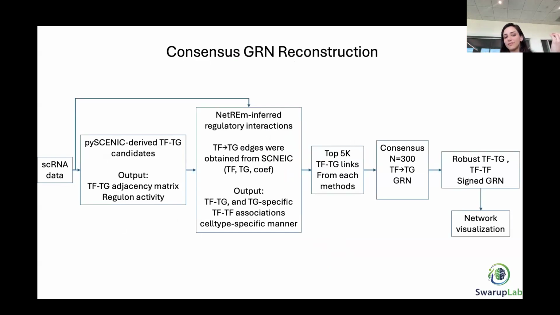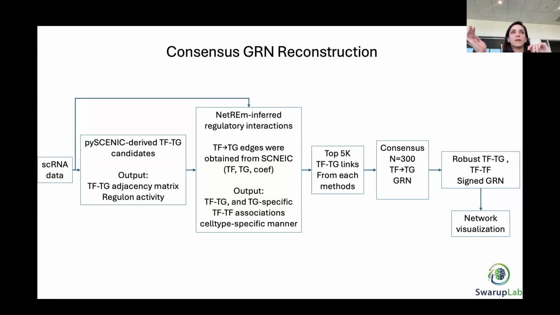All right. Now, how did we incorporate it in our data set or in our model? It was basically through this workflow. We already had the single cell RNA-seq data. We had to first run pySCENIC to get those TFTG candidates.